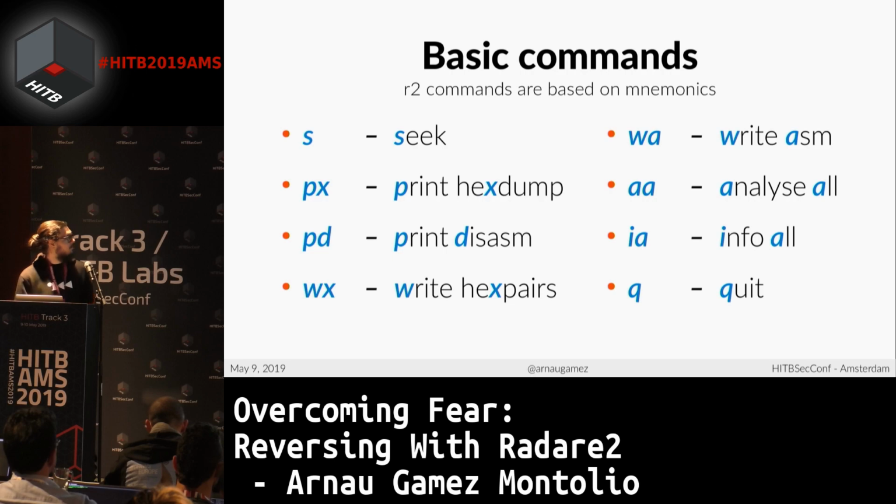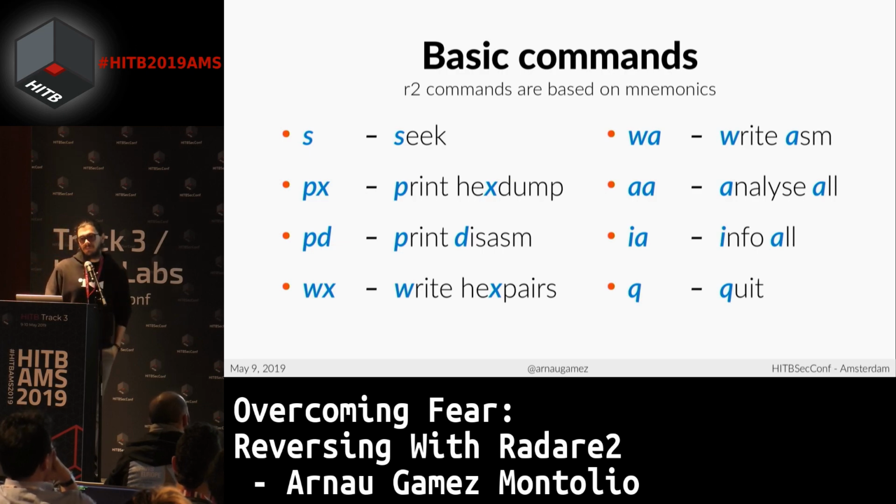So this is one of the important slides here. r2 commands are said to be difficult usually because they are not common. Their syntax is not the most common, but it's not that difficult. It's based on mnemonics. Mnemonics means r2 commands are really short, where each letter means one thing, and the leftmost letters are the commands.